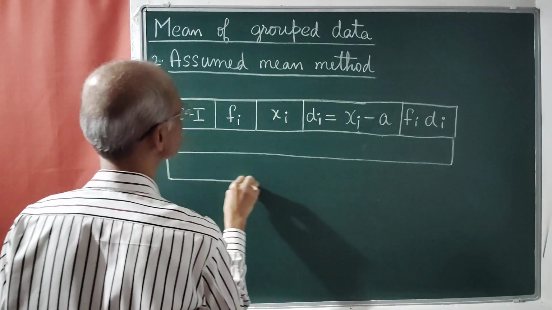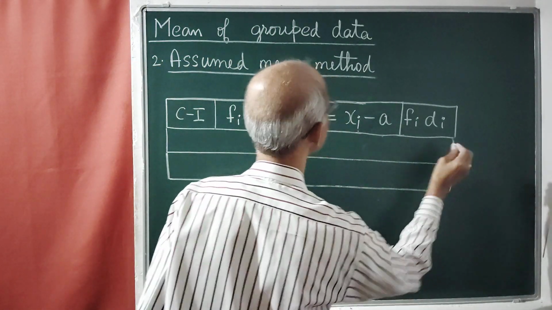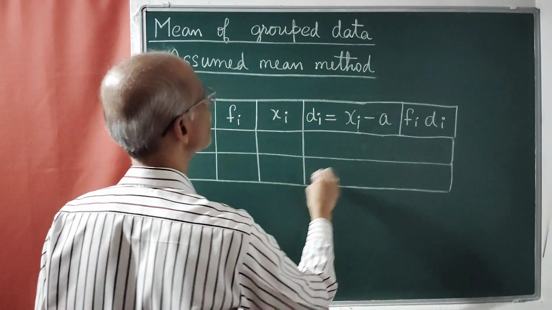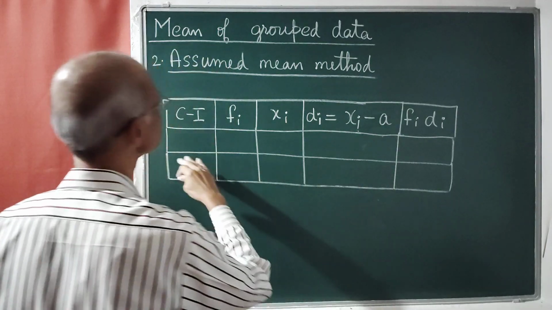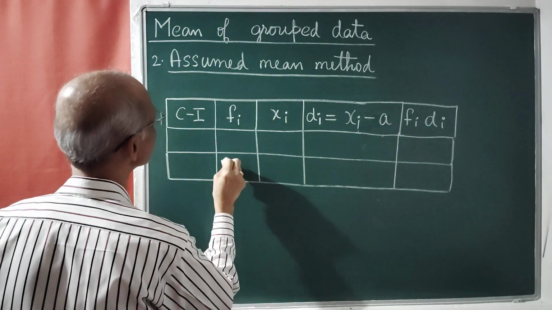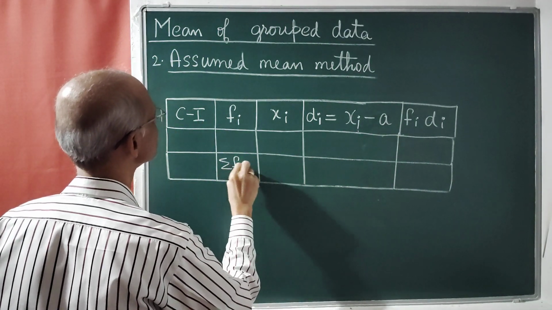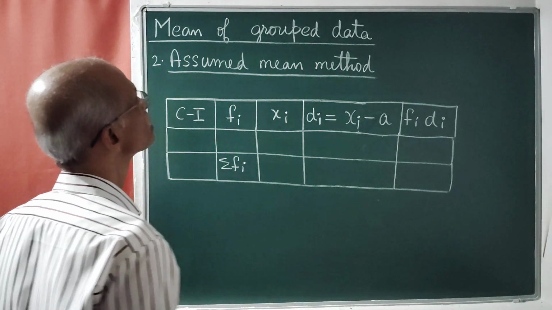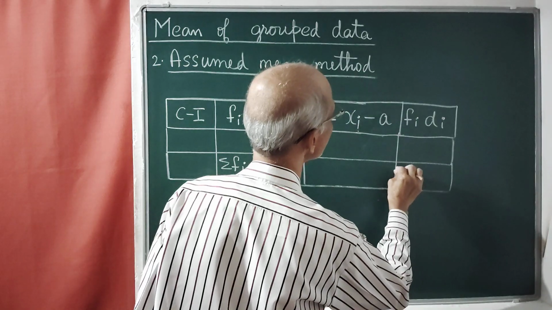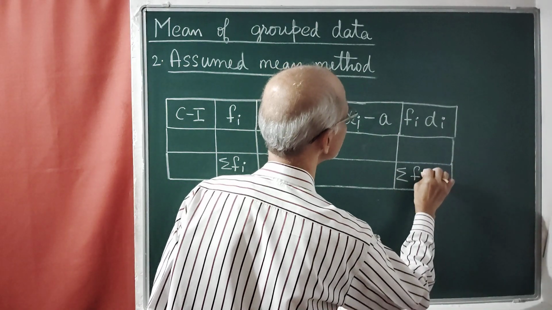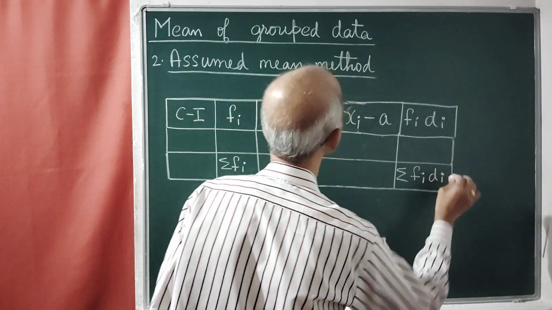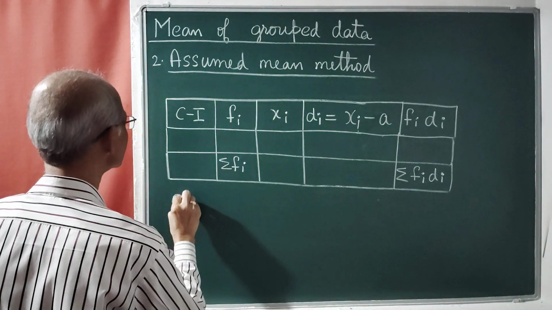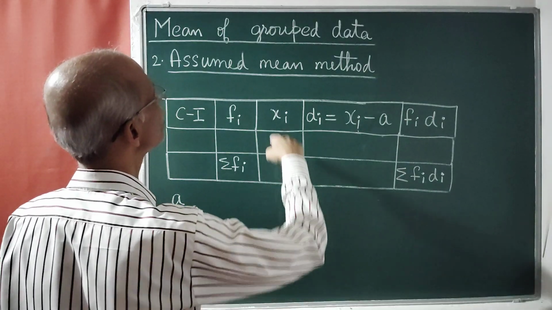Now in the last row, you have to find the value of sigma fi, then the value of sigma fi di. Here, what is a?